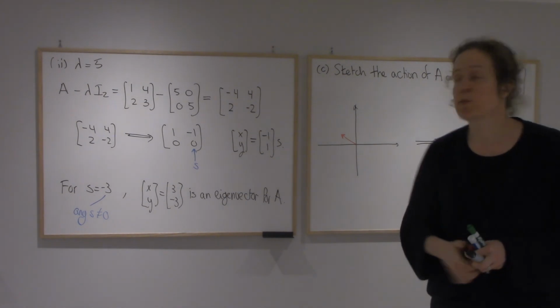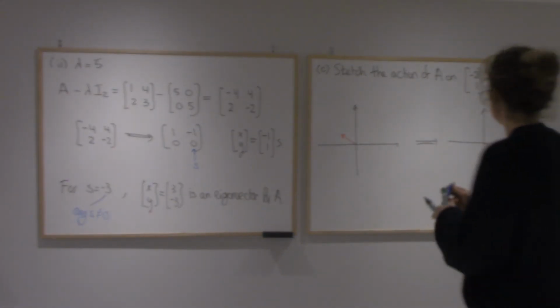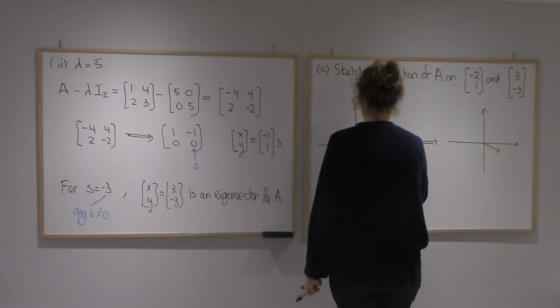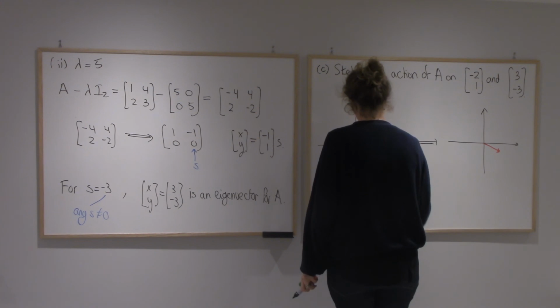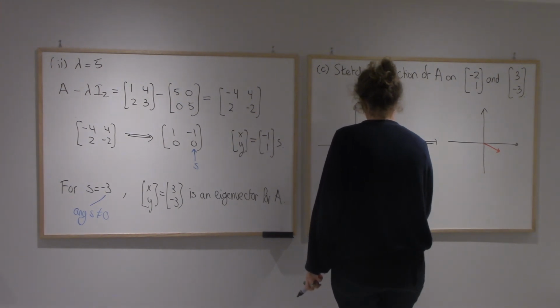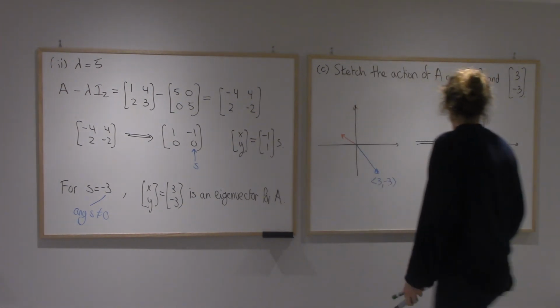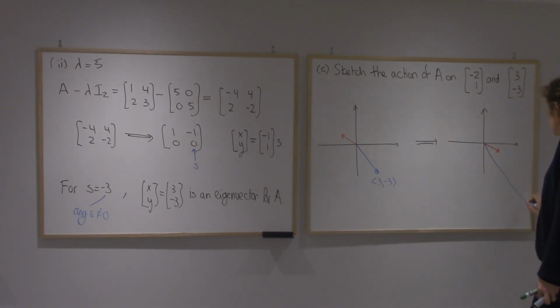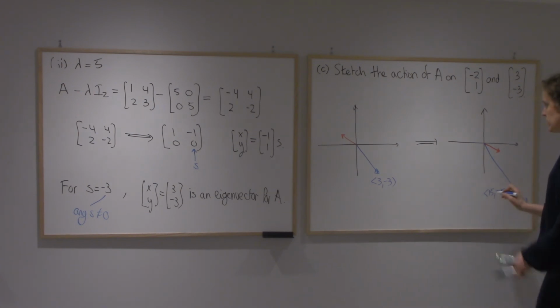On (3, -3), the lambda's 5, so that means that (3, -3) will get (15, -15).